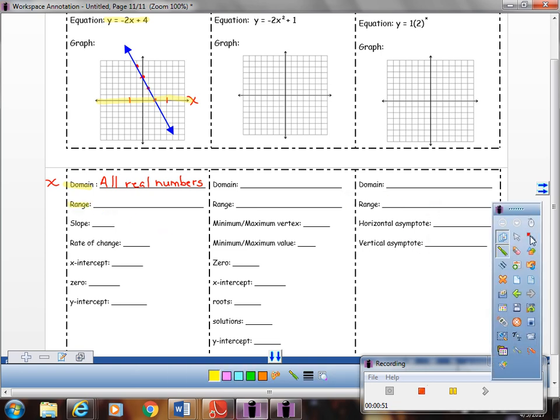Now range is what? The y value. So now instead of looking from left to right, look at your y-axis. It runs like this. So is the lowest going to be here and the highest up here? No, because it continues. In other words, that continues in that direction, keeps going, and then that continues in that direction. So there's no limit to the y's either.